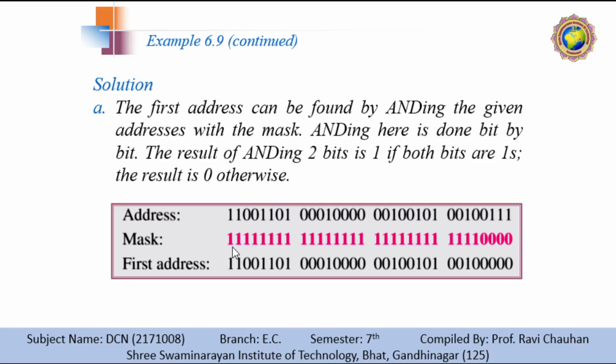The mask will be like this, all ones and the last 4 digits 0. So this is the first address. The ANDing of 1 and 1 is 1, 1 and 1 is 1, 0 and 1 is 0, 0 and 1 is 0, 1 and 1 is 1, 1 and 1 is 1, 0 and 1 is 0, and 1 and 1 is 1. The same can be done to find the first address.